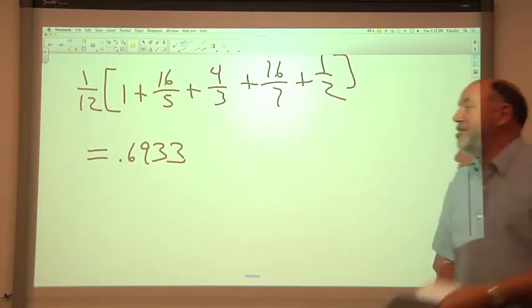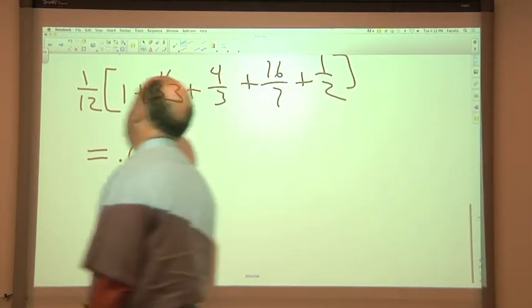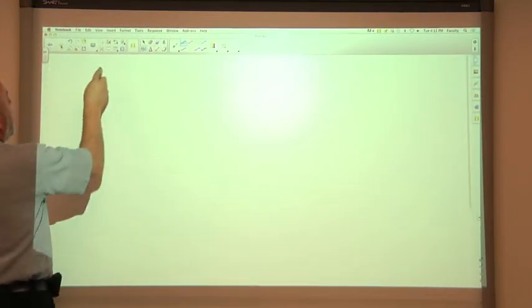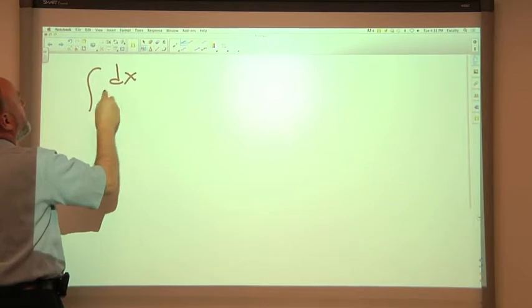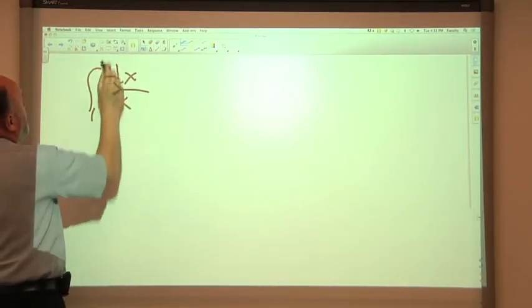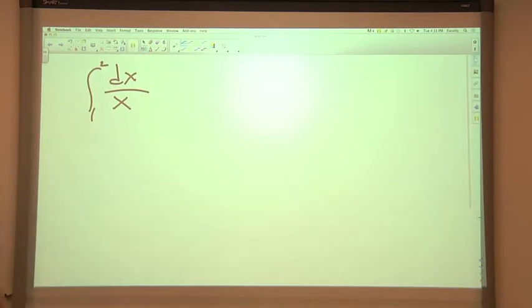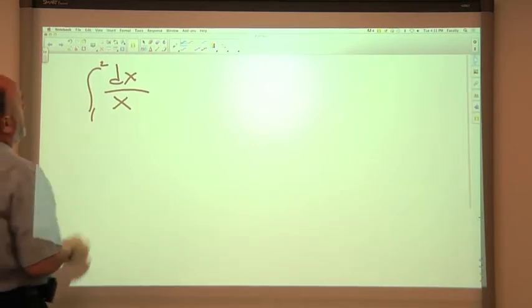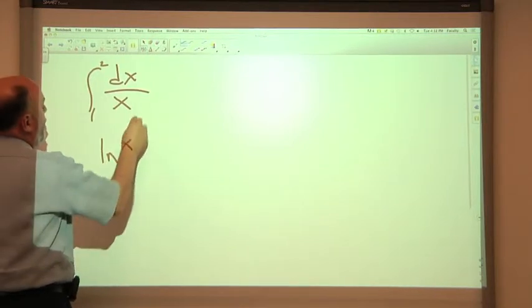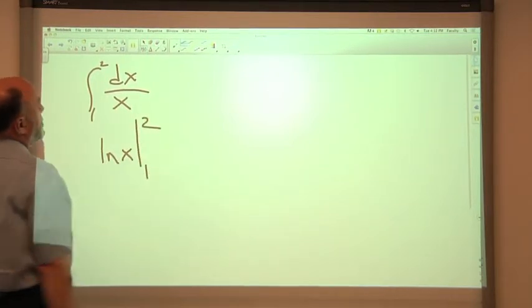And now, given that this problem was, again, fairly simple, the integral we gave was dx over x evaluated from 1 to 2, and du over u is natural log, so we would end up with the natural log of x evaluated from 1 to 2.